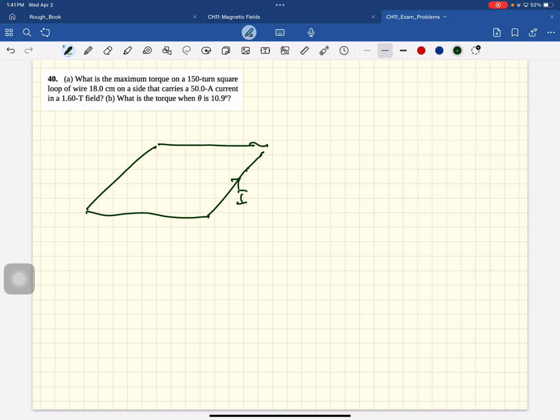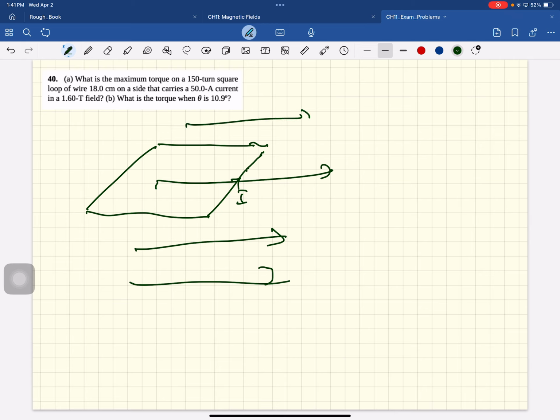So there is the I, and let's say it's in the presence of a magnetic field like that. What is going to happen? So here's the torque, here's the loop, and there's the magnetic field. That's when the torque is maximum. So this is an electromagnet, there's the magnet, and it is going to turn toward the magnetic field.